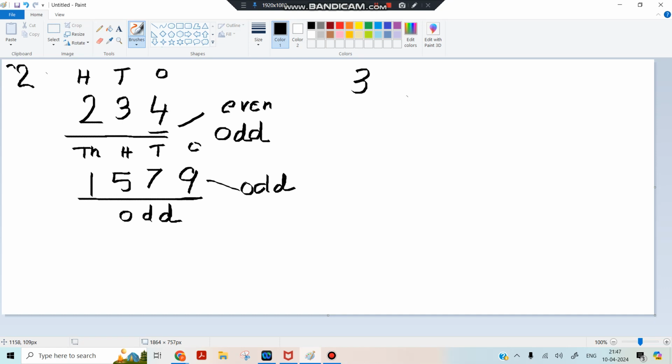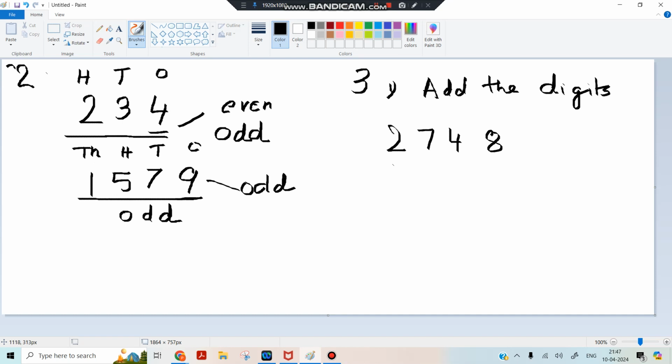What we need to do? What are the steps? Step 1. Add the digits of the said number. Suppose my number is 2748.